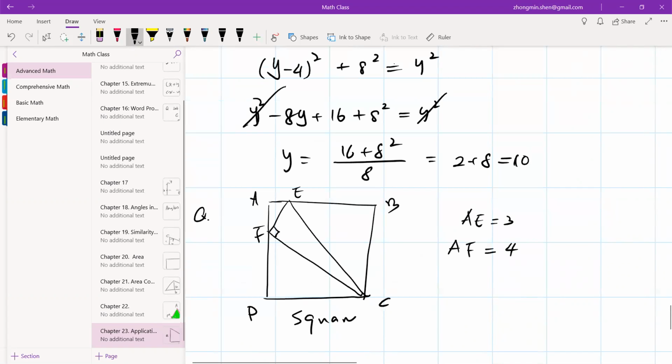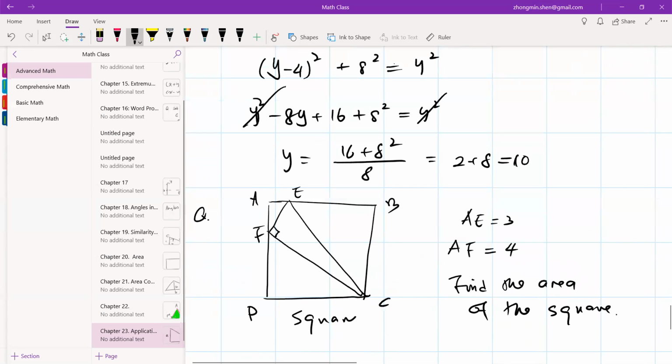Can you determine the area of the square?